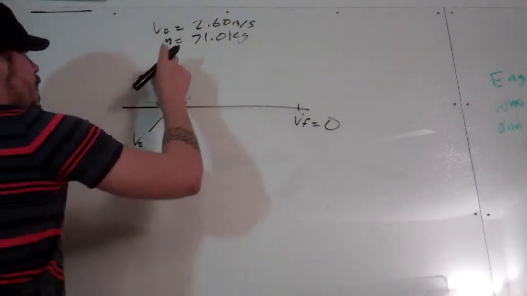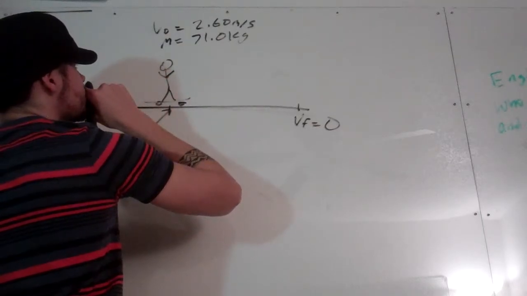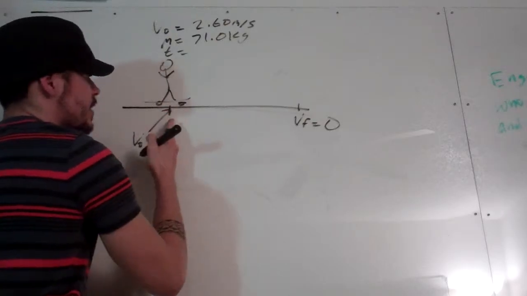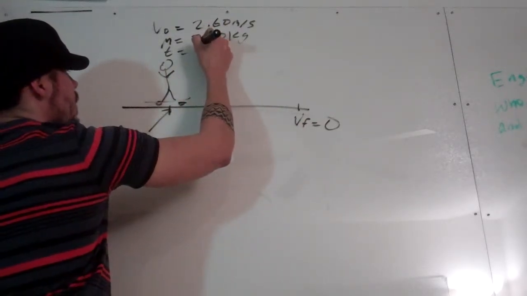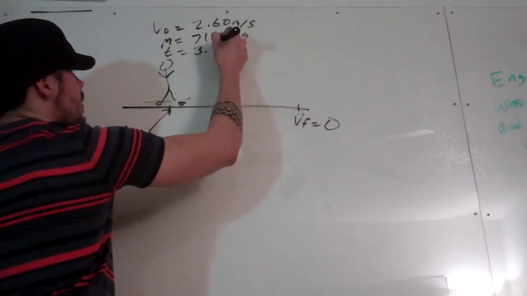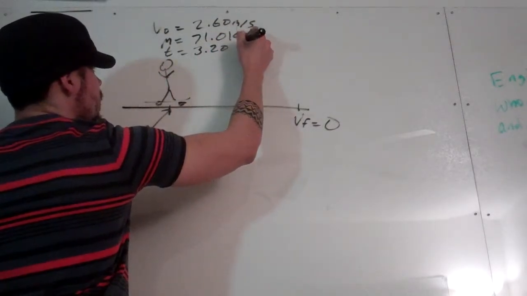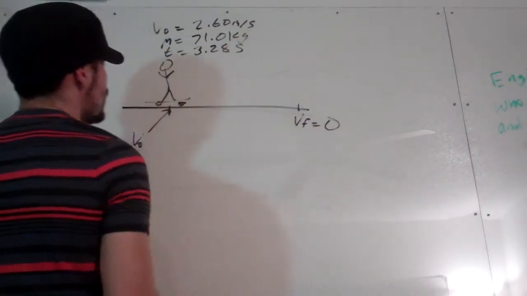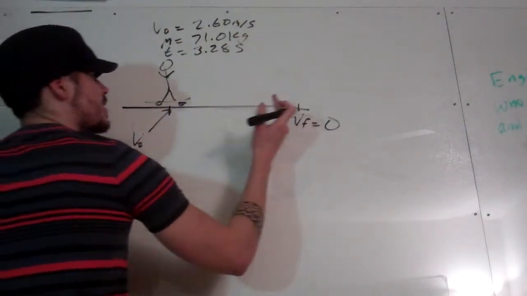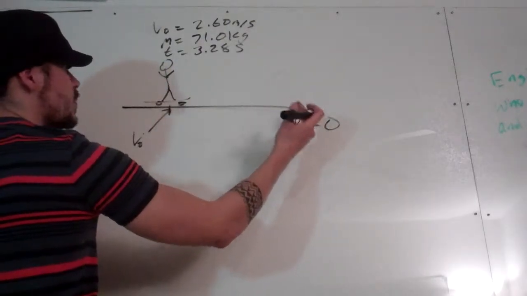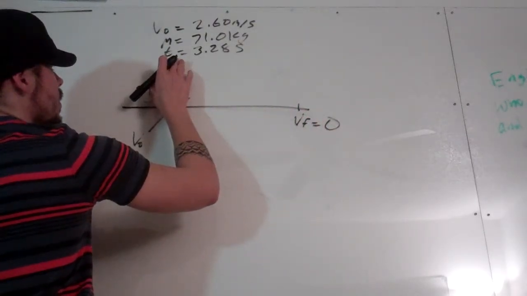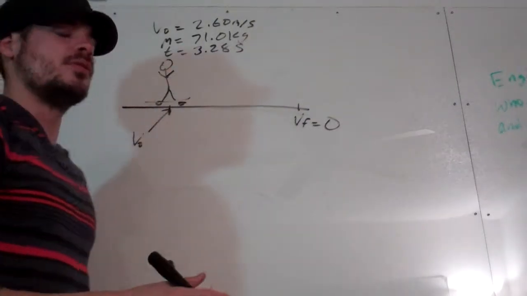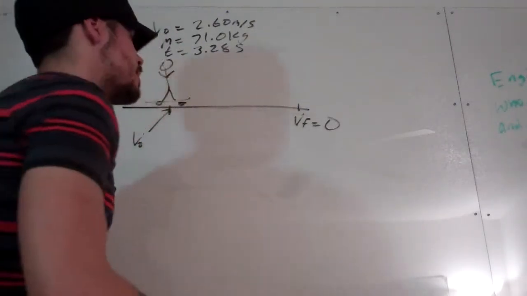And we know that from here to here, it takes him 3.28 seconds. So he starts here with the velocity, he ends here with no velocity, or 0, and it takes him 3.28 seconds to get to his final velocity, which is equal to 0.